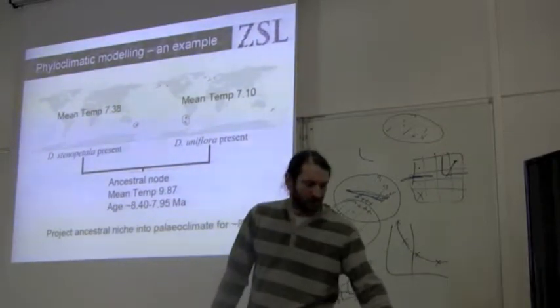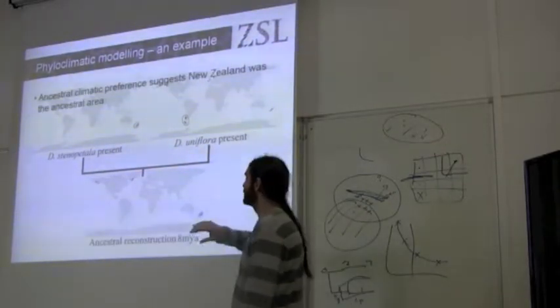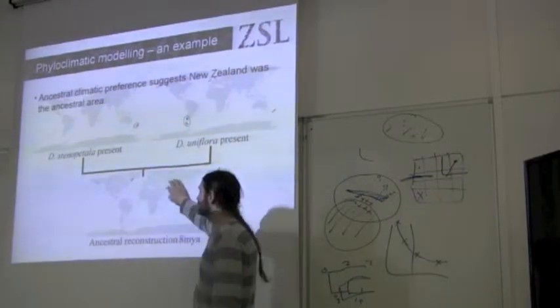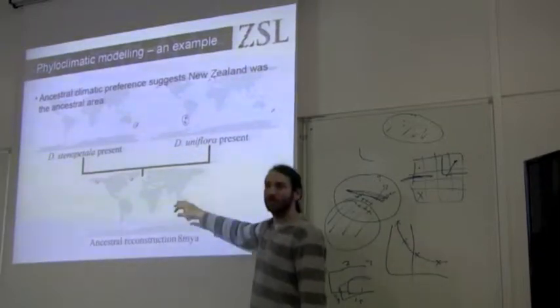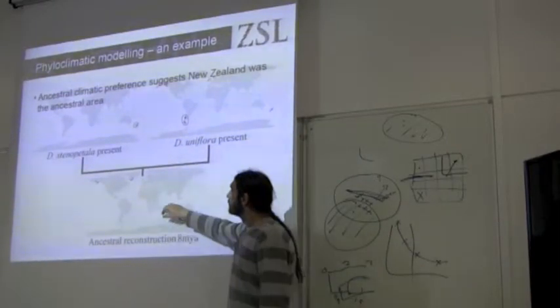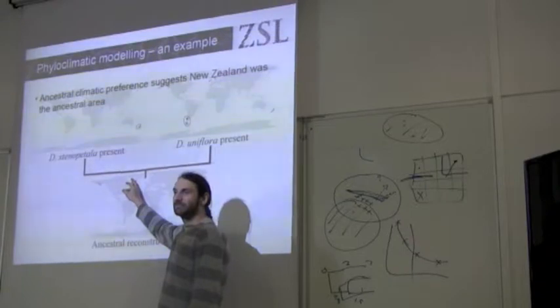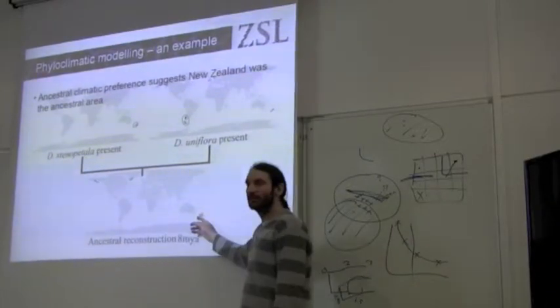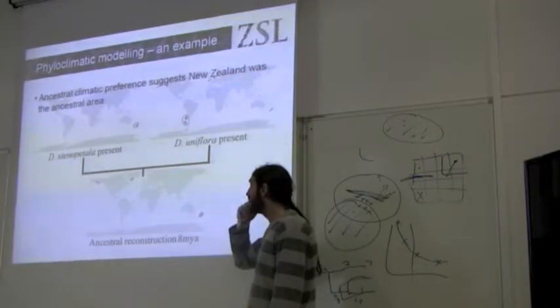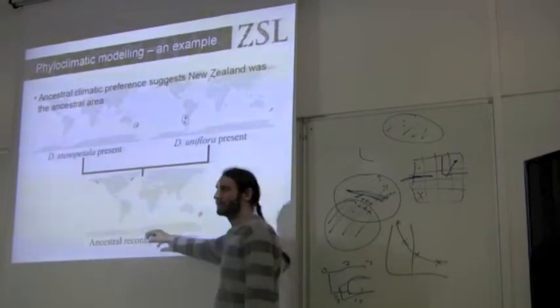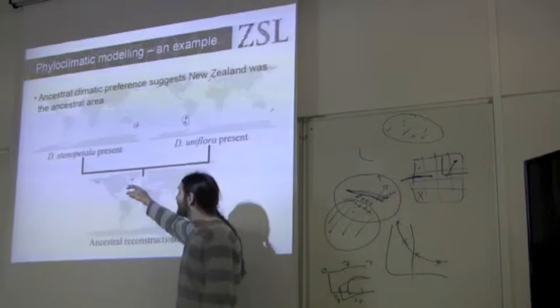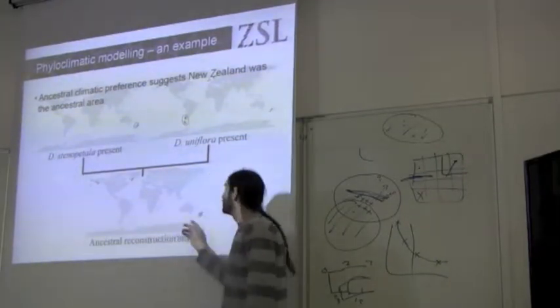We can then take that model and project it into our reconstruction for 8 million years ago. And we can say, where's environmentally suitable? Well, some areas of Greenland and New Zealand. Okay, well, what do we think is plausible in terms of an ancestral area based on our climatic suitability? Greenland, Alaska, or New Zealand?